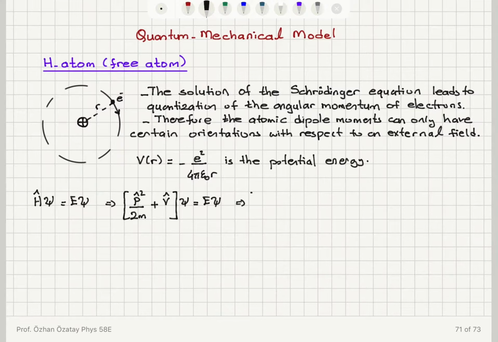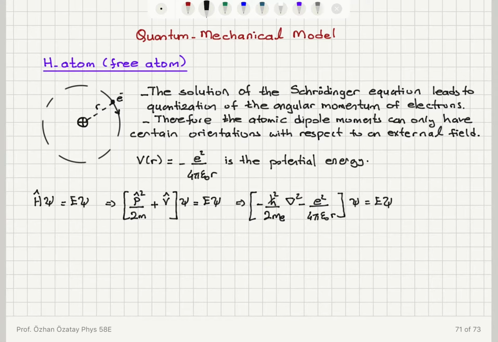And if you write this explicitly in 3 dimensions, this will be minus h bar squared over twice the mass of the electron, del squared minus e squared over 4 pi epsilon 0 r applied to psi is equal to energy times psi.